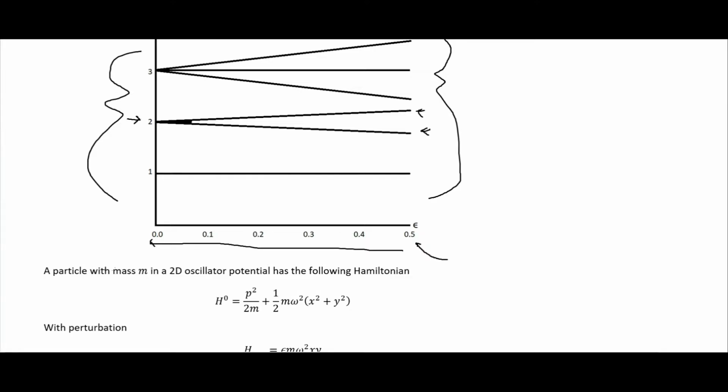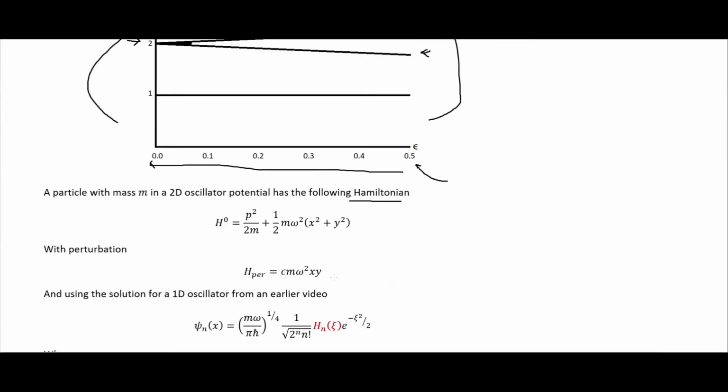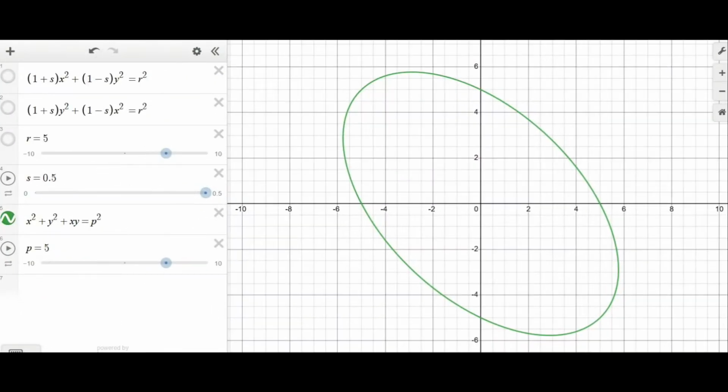A particle with mass m in a 2D oscillator has the following Hamiltonian. We add this perturbation, which is a function of x and y, with epsilon, which is what we will be manipulating. This will look like this in the perturbed state, so we end up with this oval shape.